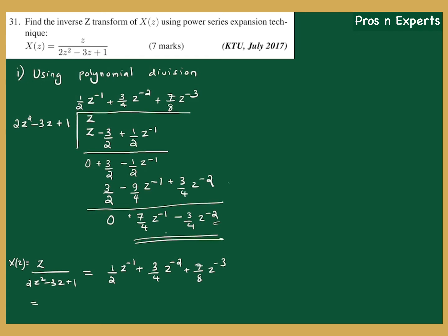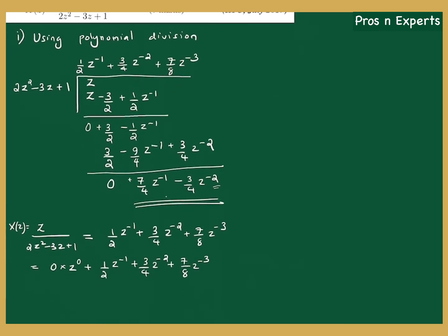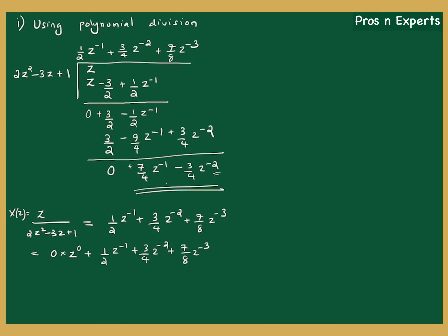I can write it as 0 into z raised to 0 plus half z raised to minus 1 plus 3 by 4 z inverse 2 plus 7 by 8 z inverse 3. And what is the inverse transform? Therefore x of n is equal to, the inverse transform of 0 is always 0, so the sequence will give you 0.